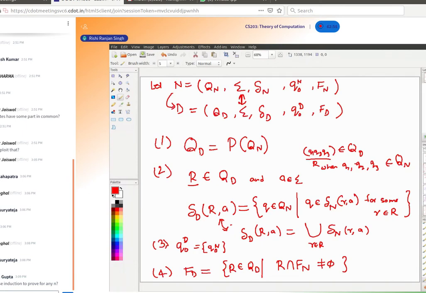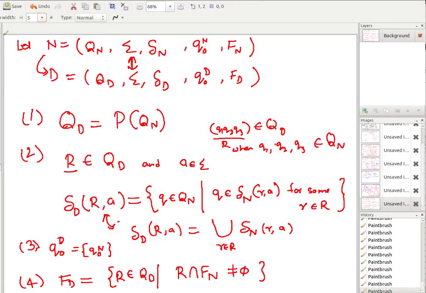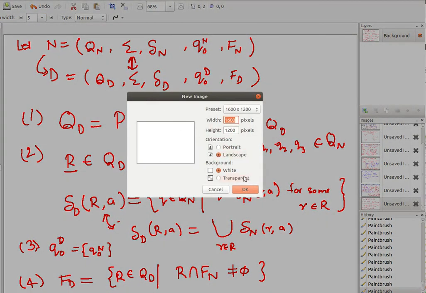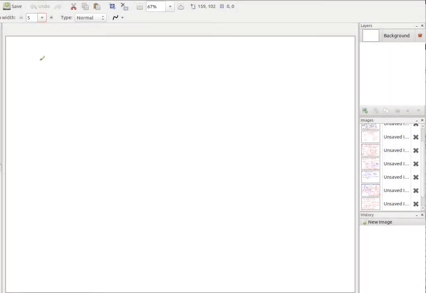Let me try to find one. Okay, let me just draw one by myself. I think it will be difficult to find a good appropriate one as of now. Okay, so let's take this NFA.